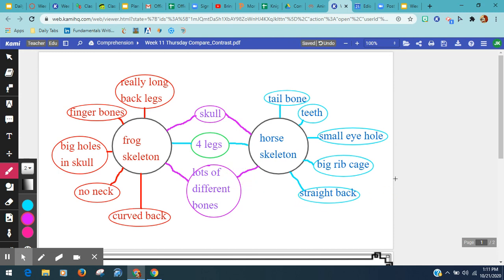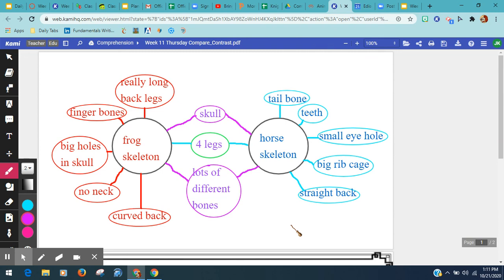Okay, now, lots and lots of interesting information about the frog skeleton and the horse skeleton. Please make sure you have all of this information right here because we're going to need it. We're going to need it because I need to answer two questions.